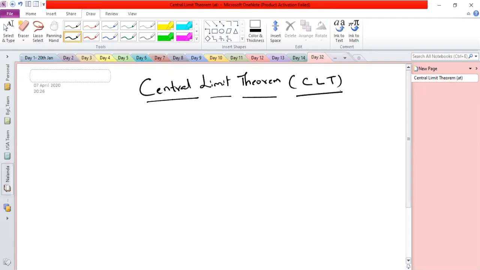Before we move on to this discussion, let me summarize some of the notations that we are following so far, and I just wanted to bring it to your notice once again.